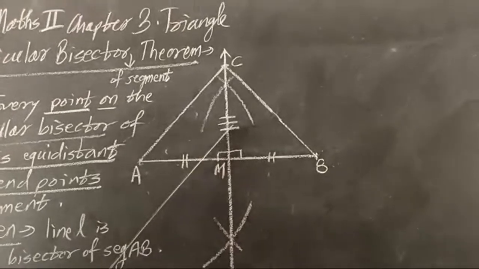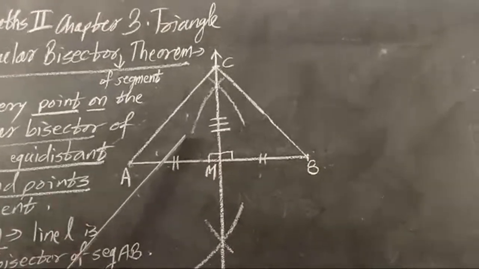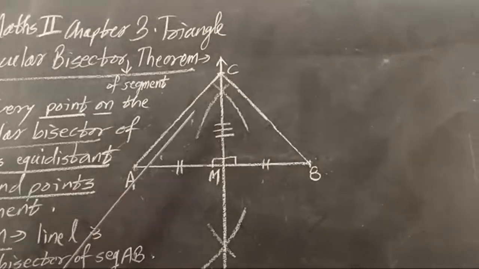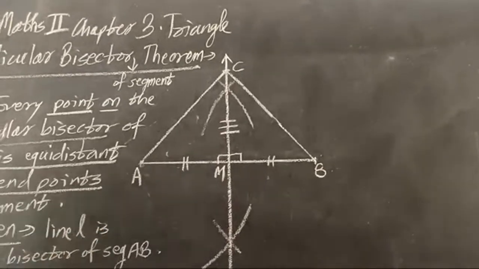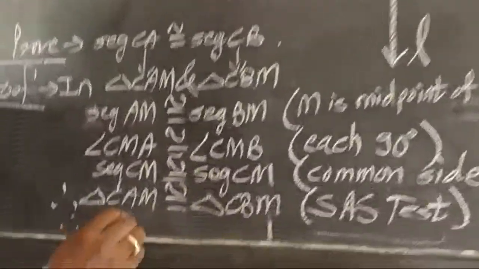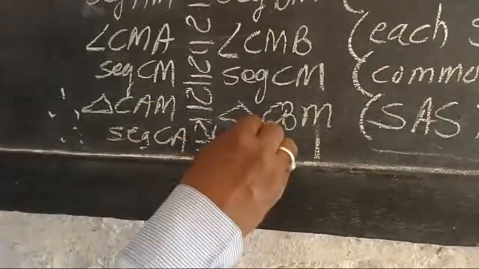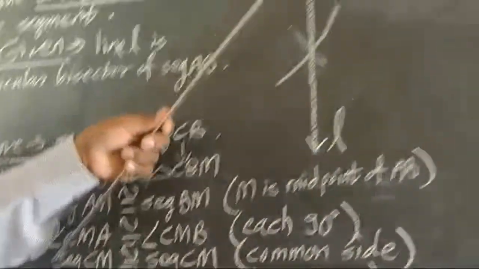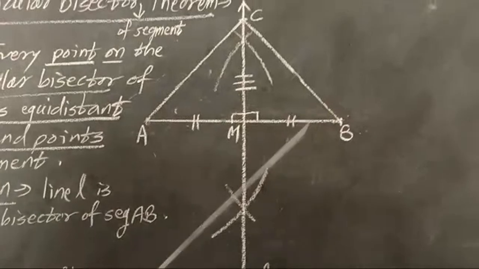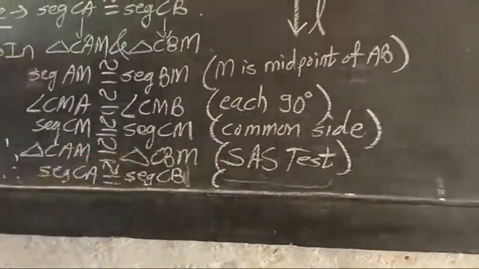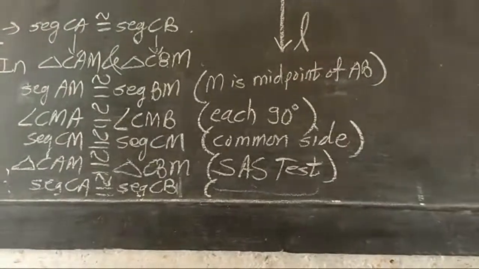Two we already wrote here. The third is remaining. Which side remaining? Yes, good. Segment CA. Therefore, segment CA congruent in that triangle, segment CB is remaining. Good. Segment CB.